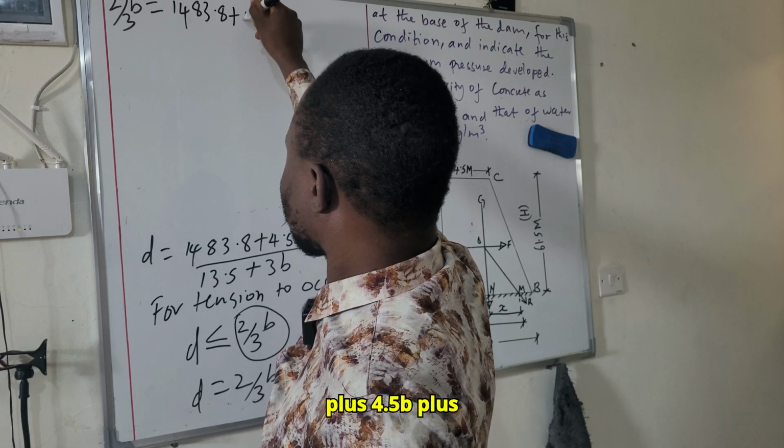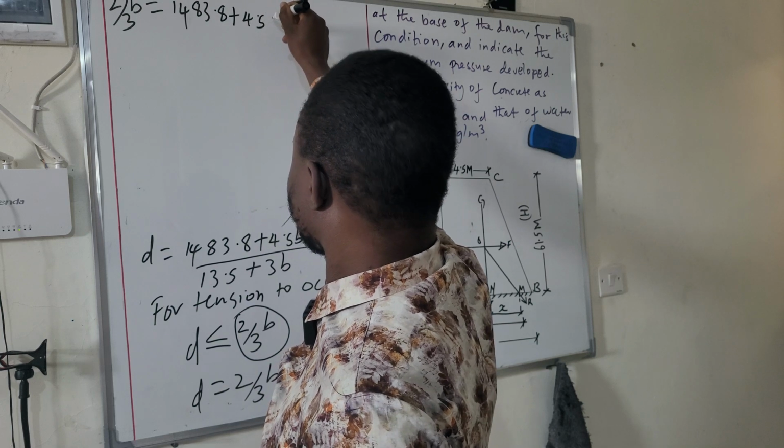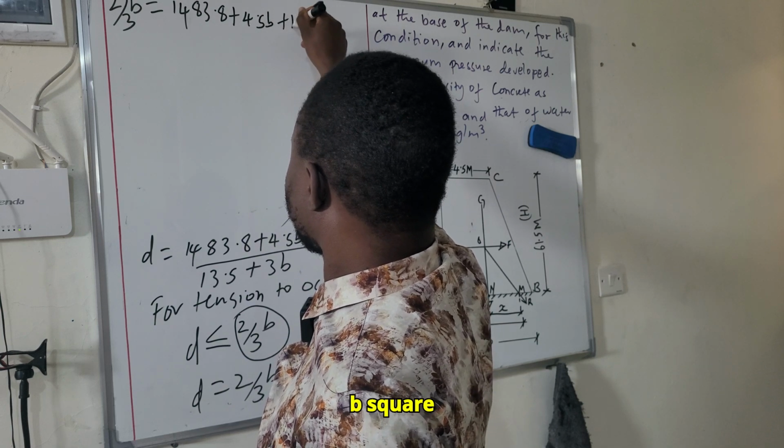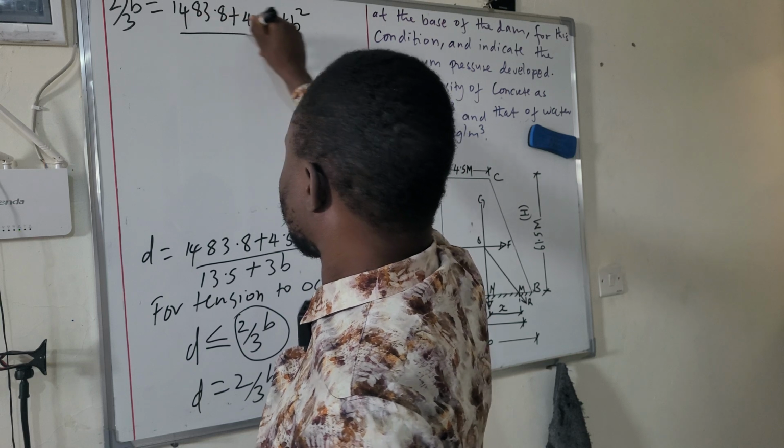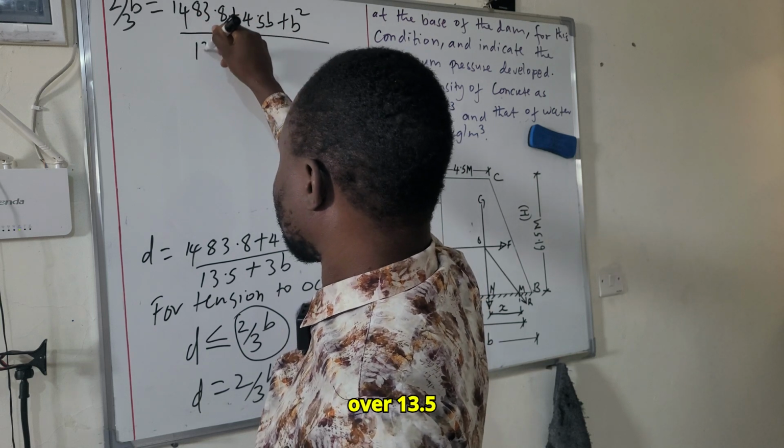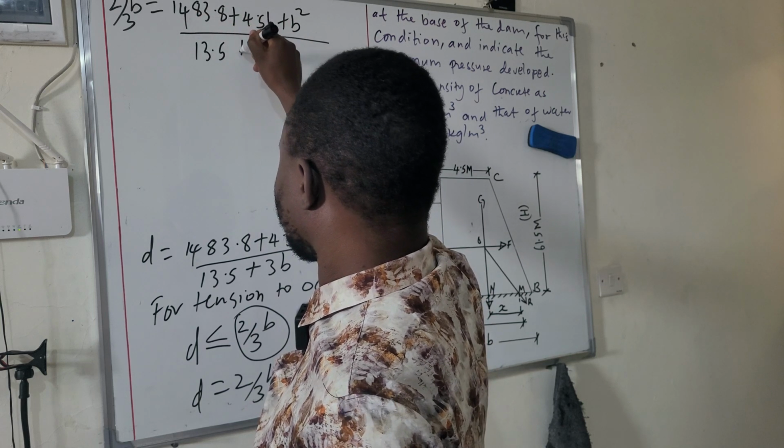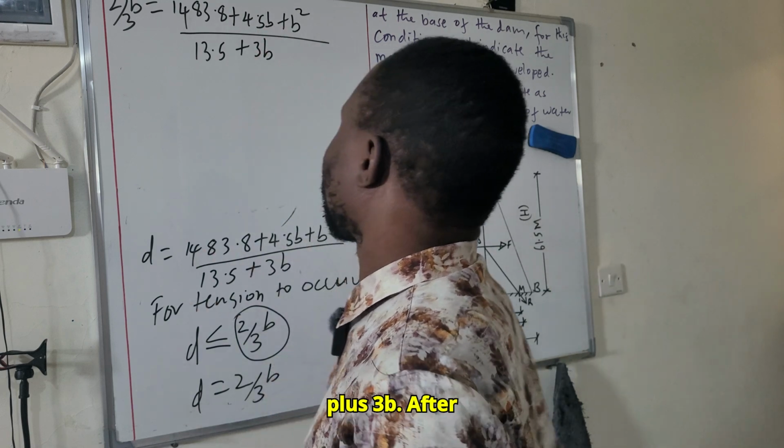So we'll end up having 2B over 3 is equal to this, 1483.8 plus 4.5B plus B square over 13.5 plus 3B.